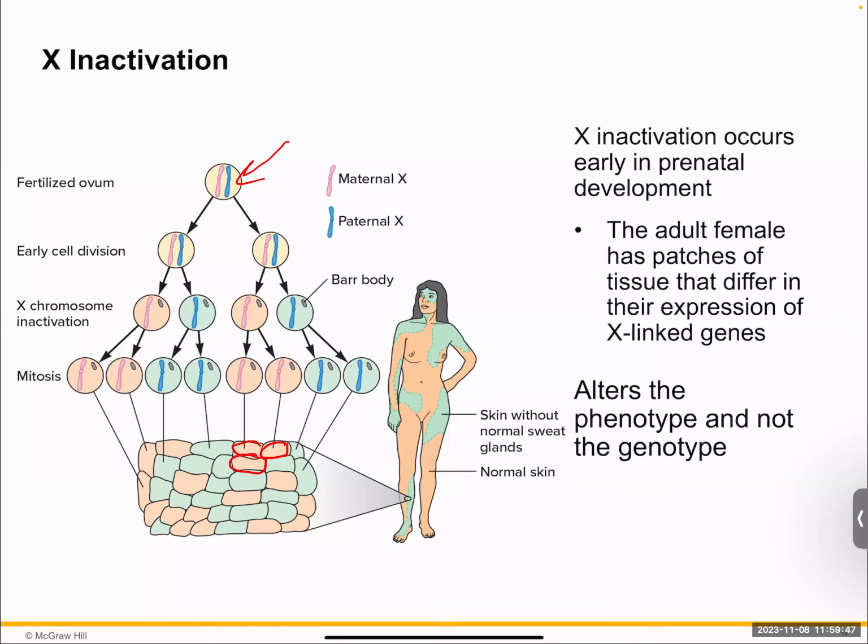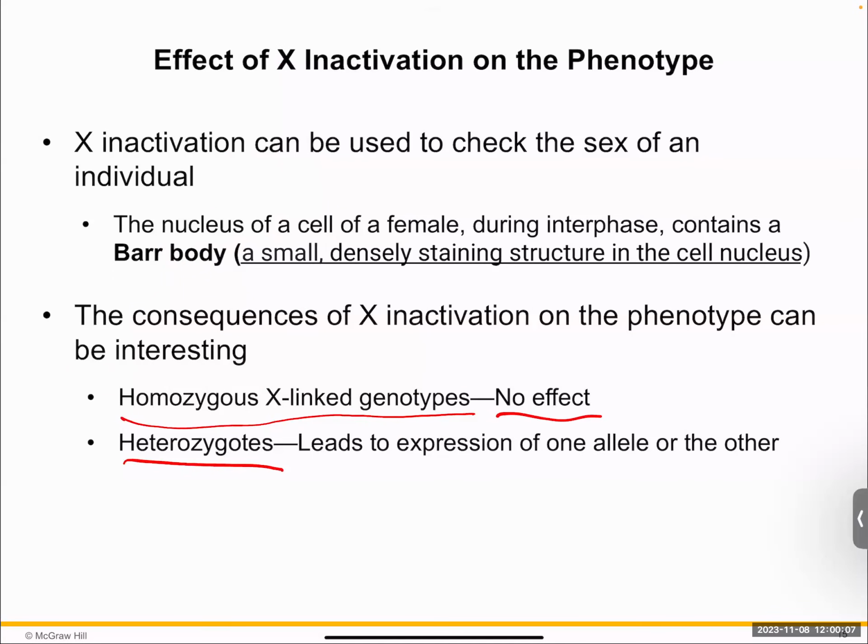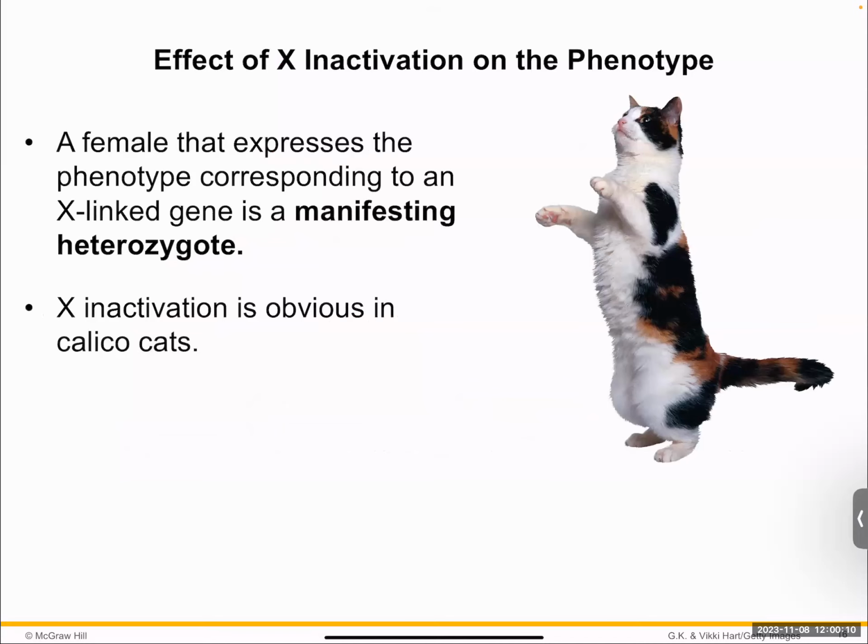Now, the cells that have undergone the X inactivation, so now they only have one copy of the X chromosome, have a different phenotype, right? Because it was a heterozygous, right? The original thing that we were talking about earlier, which says heterozygous here at the bottom, it leads to expression of one allele and the other.